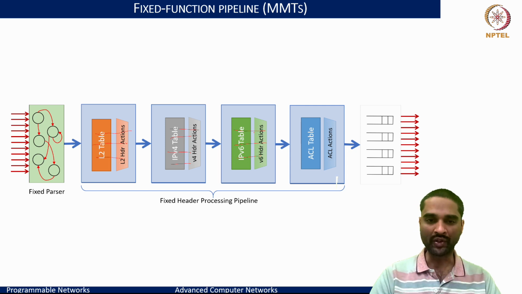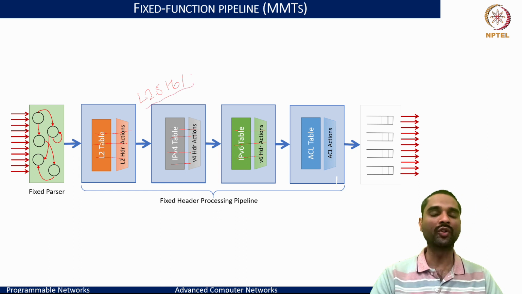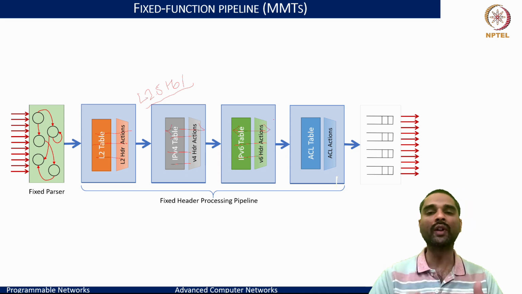That was fixed. I couldn't change in any way the configuration of a L2 table or add, let's say, a new layer 2.5 table. If it is not supported, we cannot change this. So this was fixed. But the entries that we want to populate in each of these tables is where OpenFlow allowed us to add visibility.